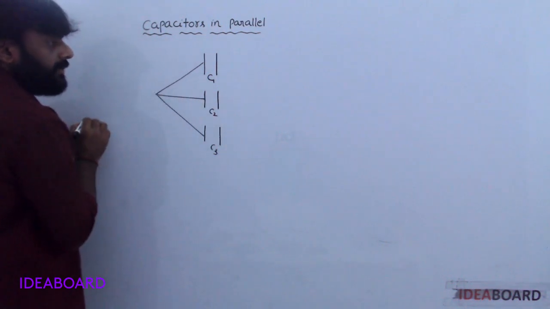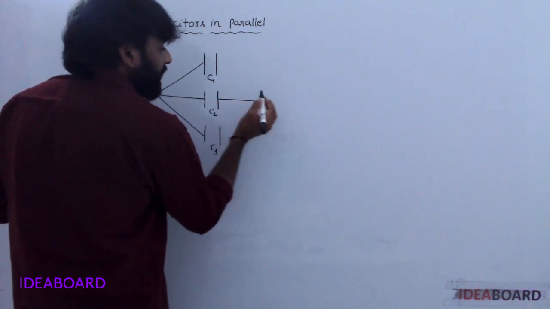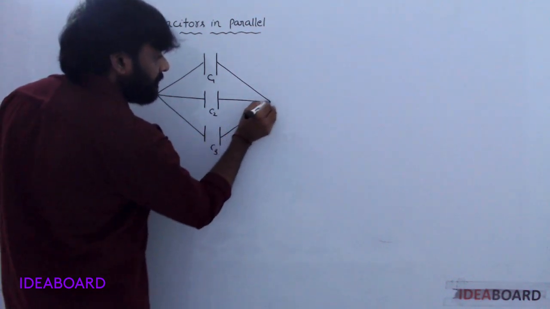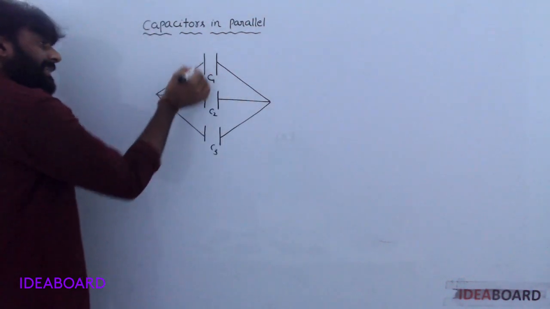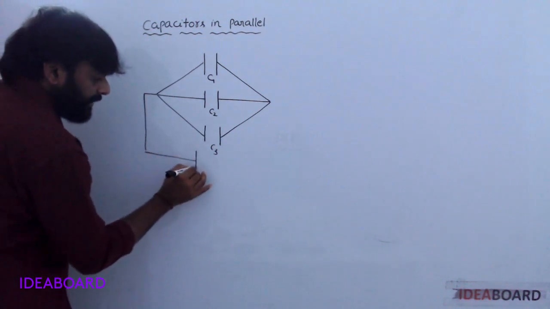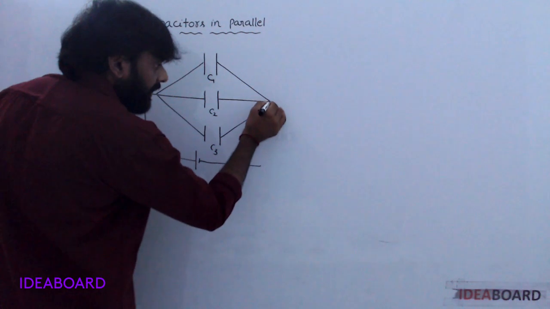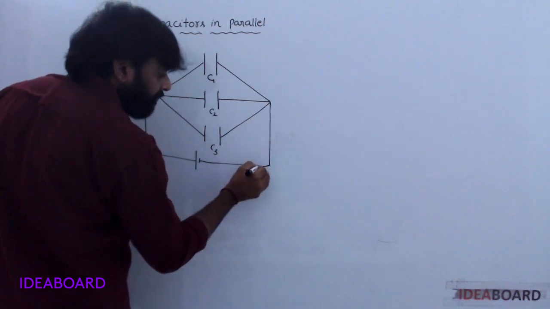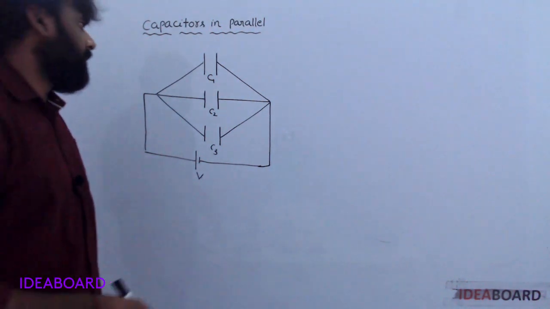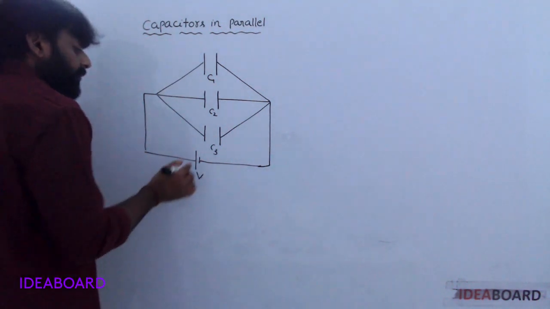The other side plates are connected at one common point. Now this side plates are all connected to the battery positive terminal. This side all are connected to the battery negative terminal. Understood? Okay. V.